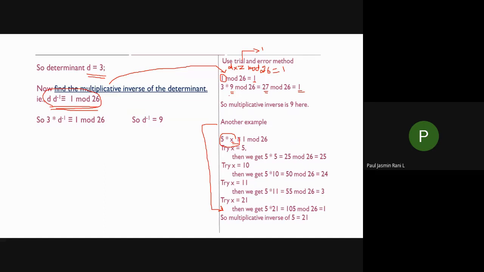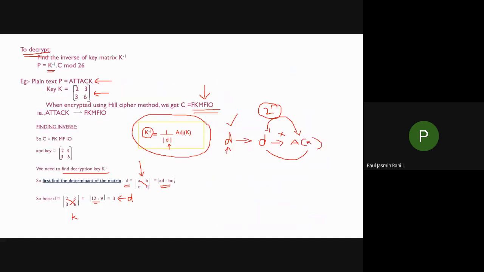When I substitute 9, I'm getting a value as 1. So the inverse of the determinant d is 9. This is how you have to find your d inverse. So now we have d inverse; d is over, d inverse is over.